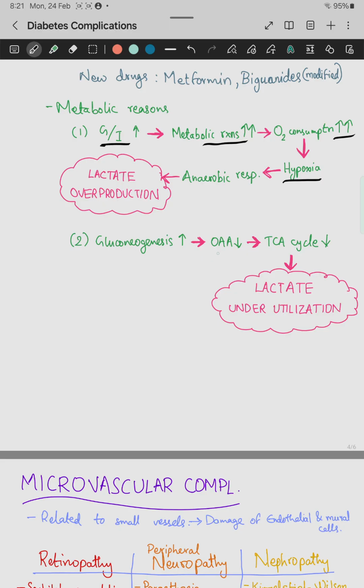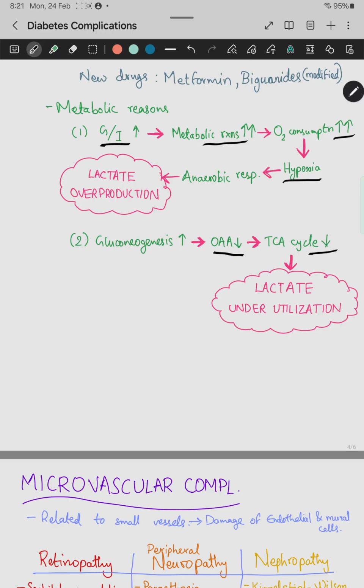So gluconeogenesis increases, which causes the depletion of oxaloacetic acid, because oxaloacetic acid is overutilized in gluconeogenesis, and so the TCA cycle decreases. Because the oxaloacetic acid becomes deficient in our body, the TCA cycle is inhibited, as the substrate for the TCA cycle becomes deficient.